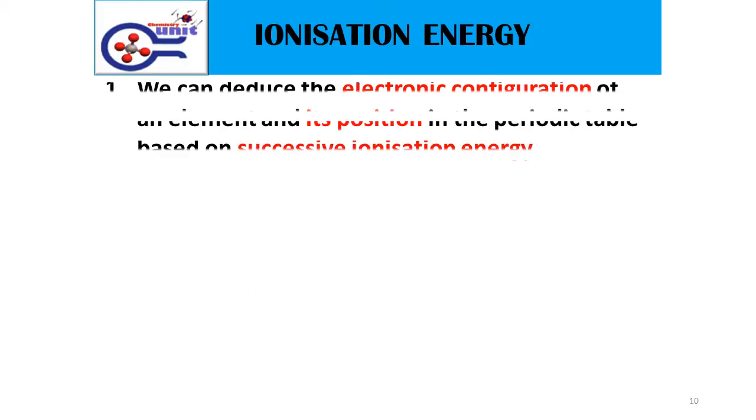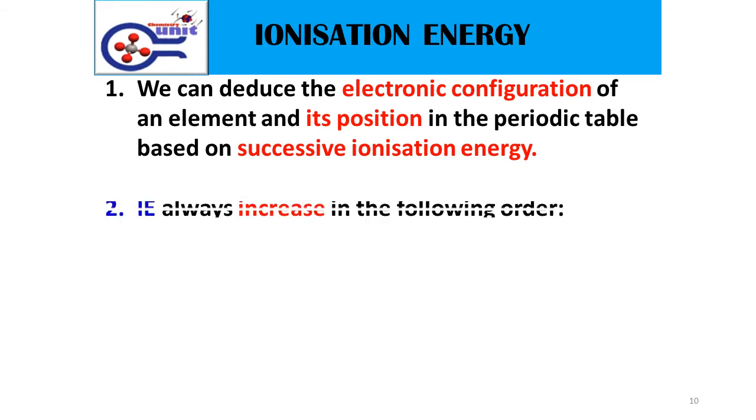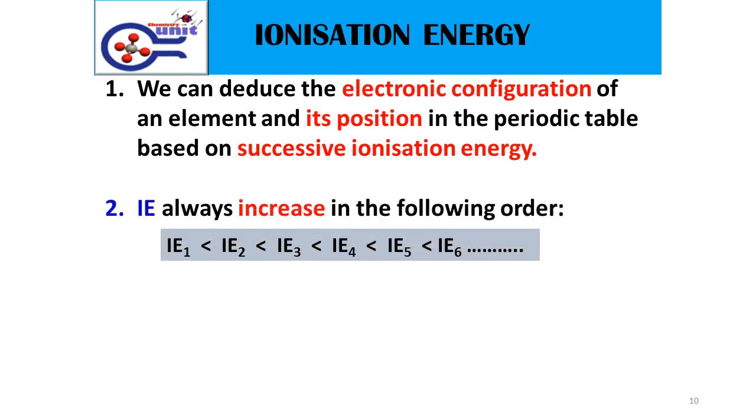We can deduce the configuration of an element and its position in the periodic table based on successive ionization energy, which always increases in the following order: IE1 less than IE2 less than IE3 less than IE4 less than IE5 less than IE6, and so on.